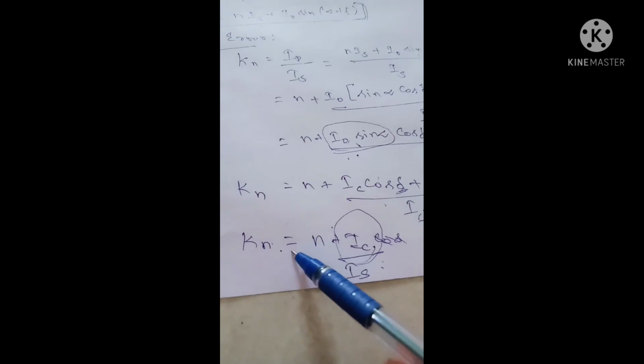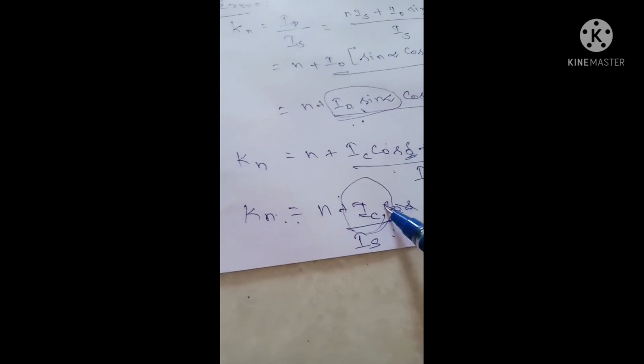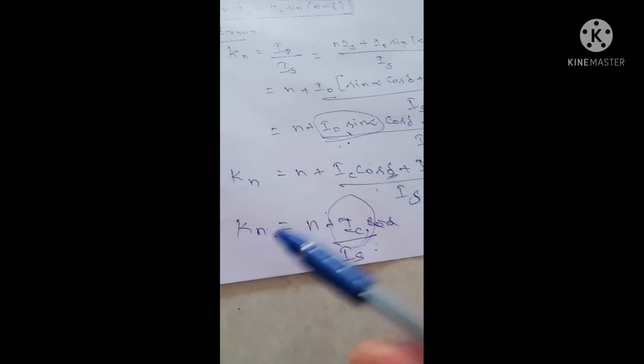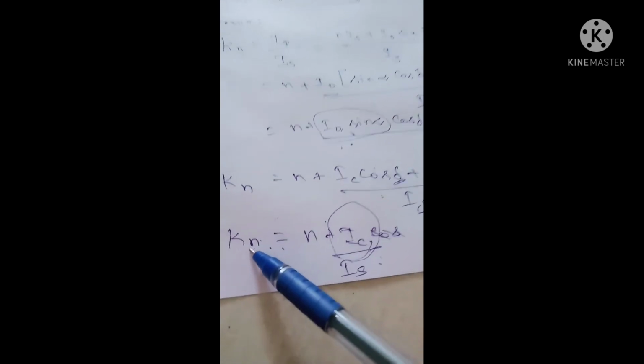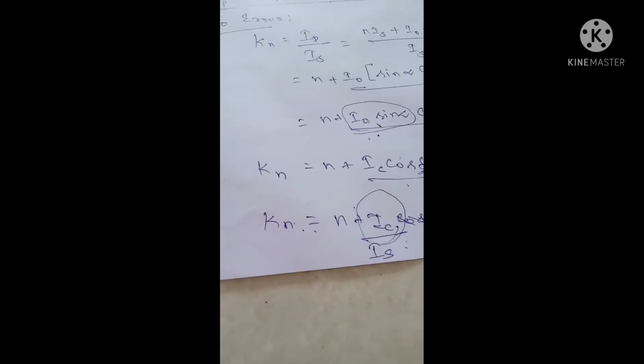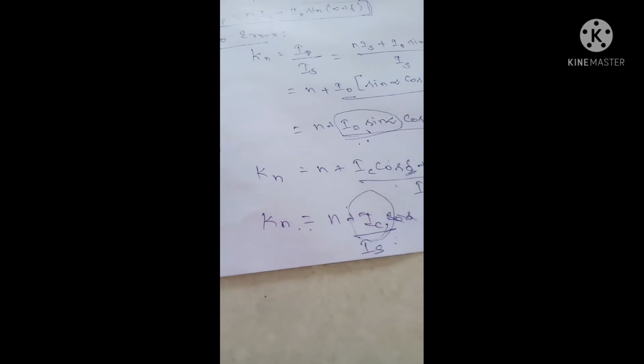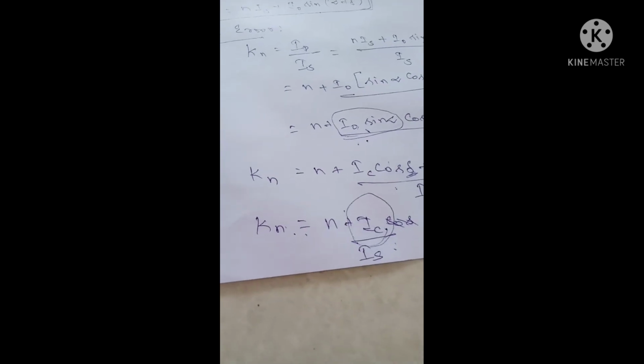Apart from the ratio, we have the core loss component also, so that affects the ratio of a current transformer. That is the major cause for a ratio error in the case of current transformer.